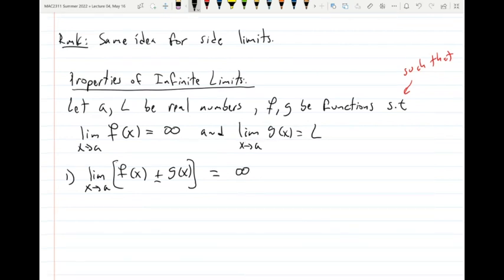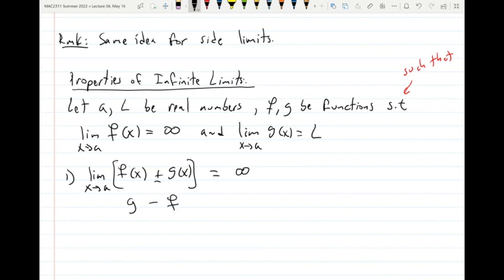Now, here, of course, you have to take this with a grain of salt in the following sense. It's infinity, but here it will be whatever this infinity is, because the sign of G is not going to affect the infinity. But if it would have been the other way around, let's say if I say G minus F, you take the limit.